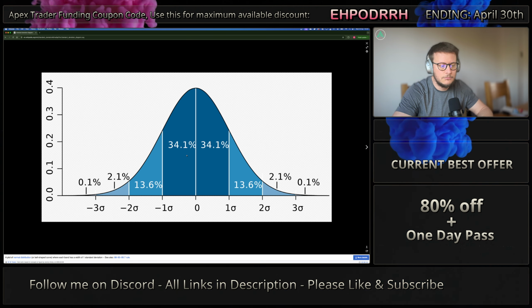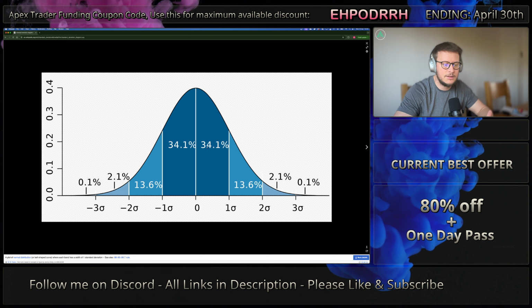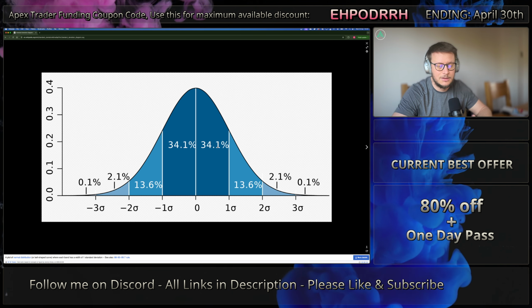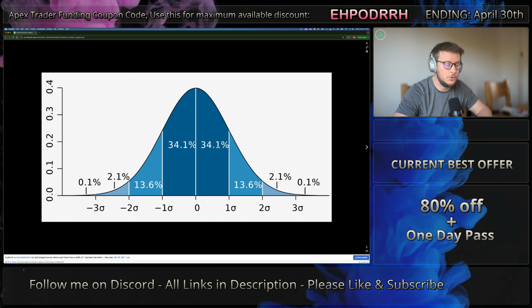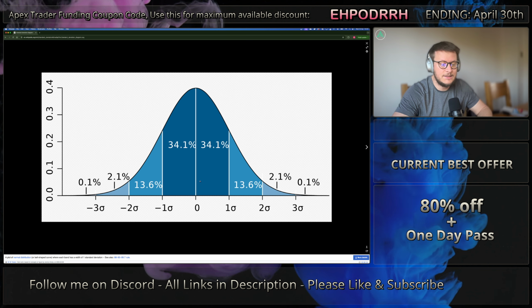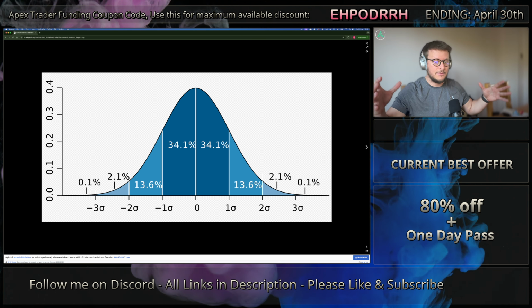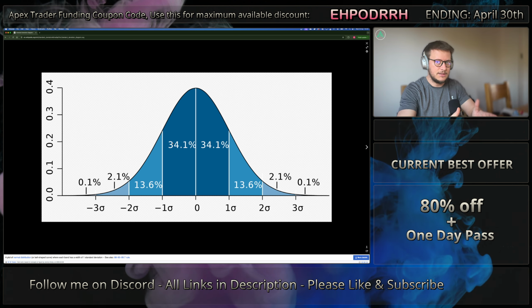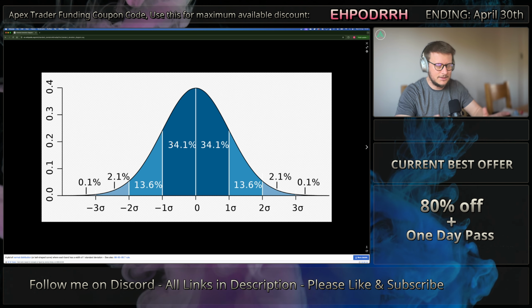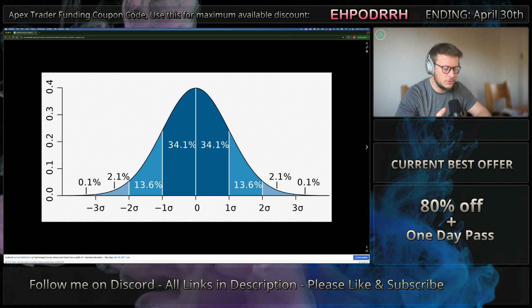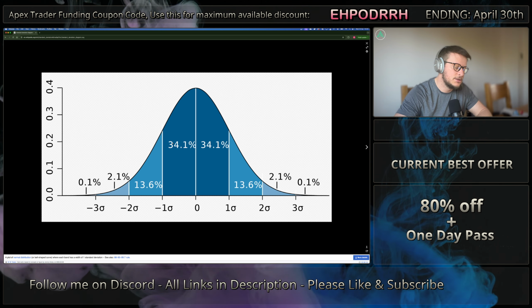So 34.1% of one side and 34.1% the other side, that's 68.2%, right? So 68.2% of the data will fall within one standard deviation of the mean, right? I know this gets a little bit kind of techy, but trust me, you're going to appreciate this.